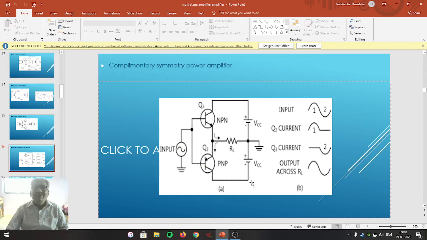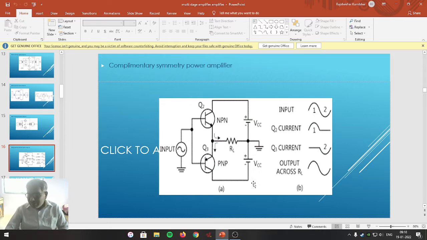Such a power amplifier is used only to avoid the disadvantages present in class A, class B and also in class AB push-pull power amplifier. All of these make use of an input transformer and an output transformer.